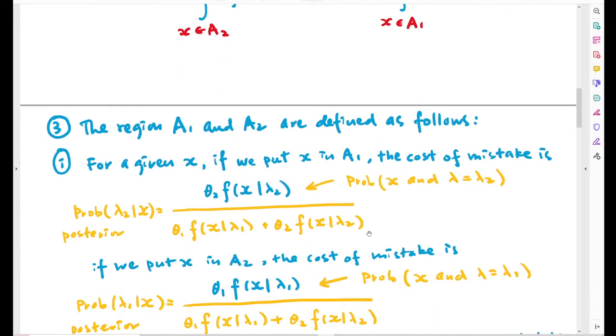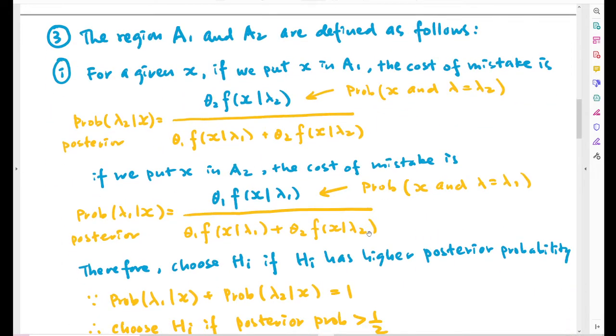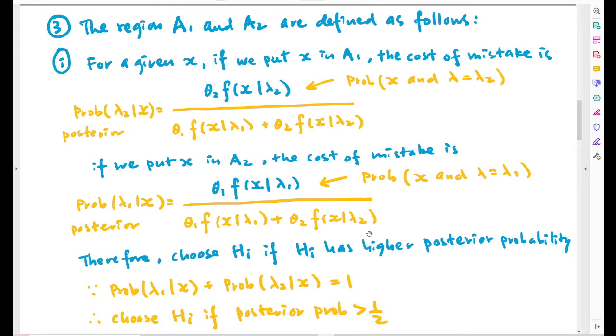Then let's try to analyze how to construct these two regions, A1 and A2. Let us consider the words in blue color first. For any given x, if I put x in region 1, then what is the cost of mistake? The cost of mistake is the probability of getting this particular value of x, and also lambda is in fact lambda 2.